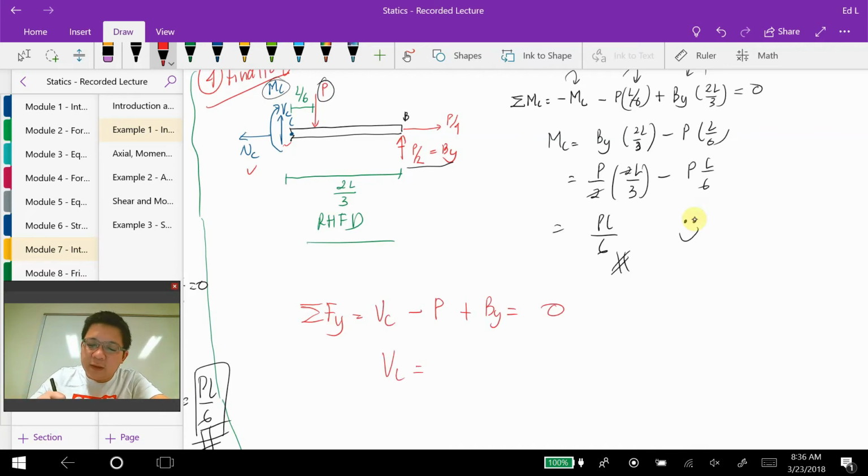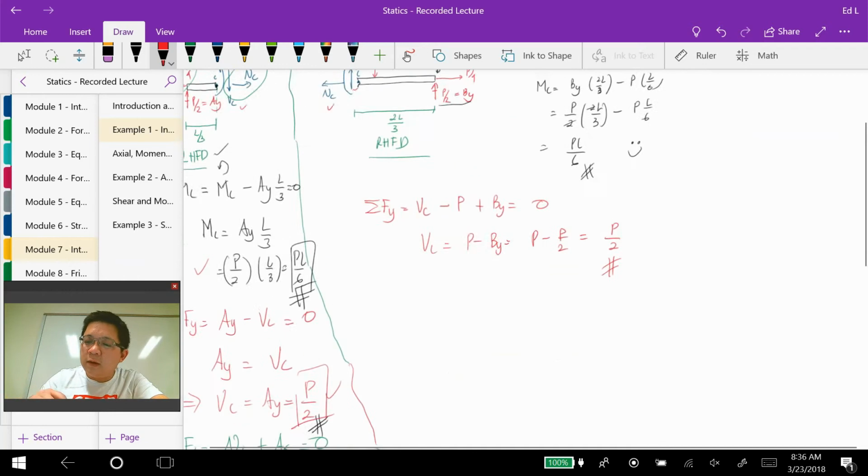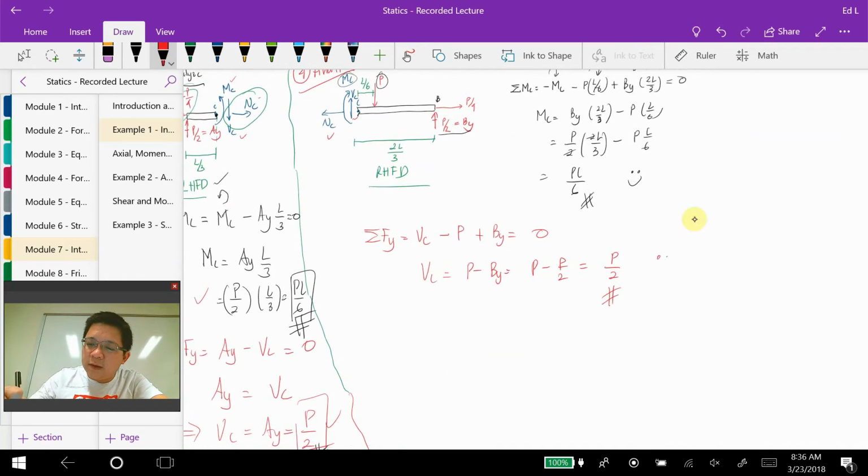So VC is P minus BY, then we have P minus P over 2, so you have P over 2 right here. And we check again with the left hand free body diagram. It's the same, so this makes us even happier.